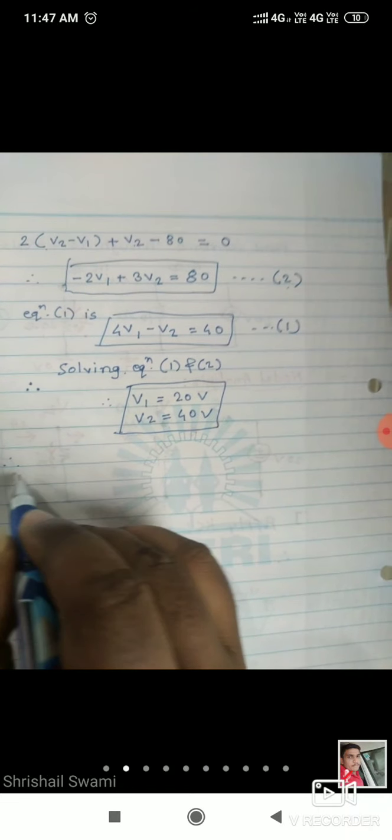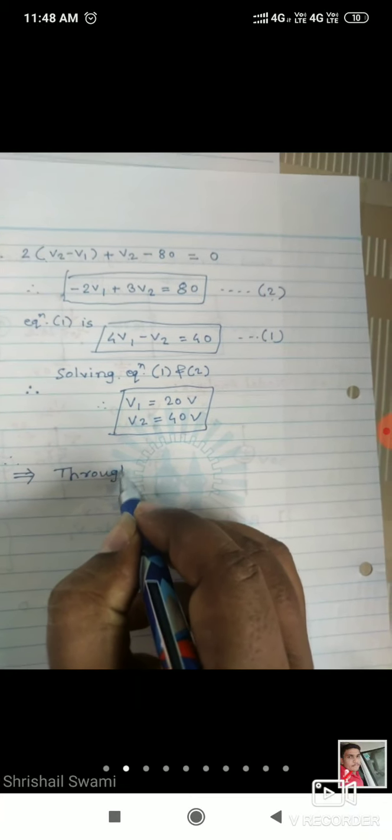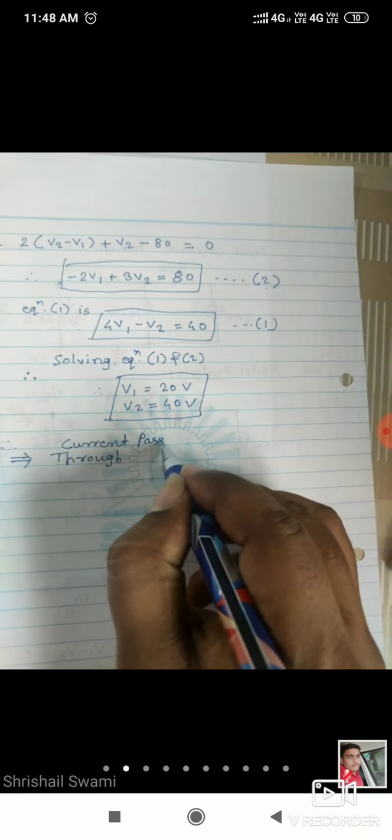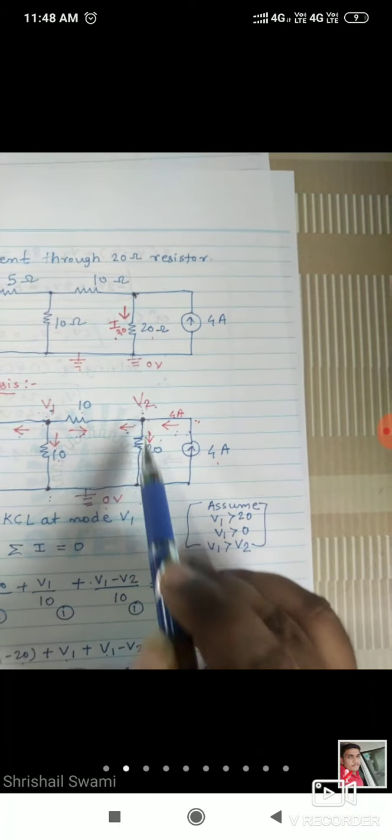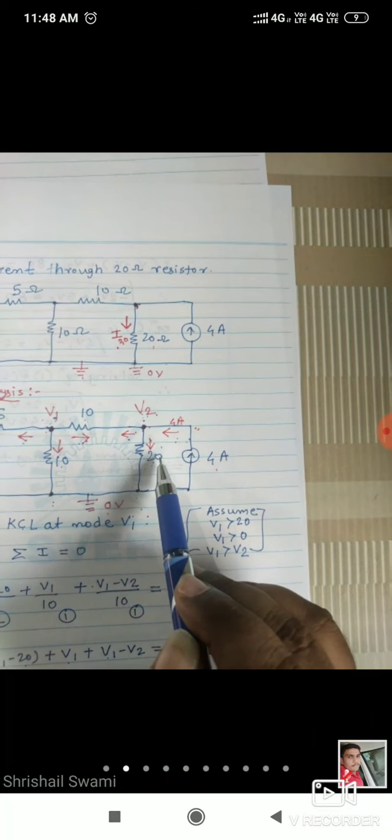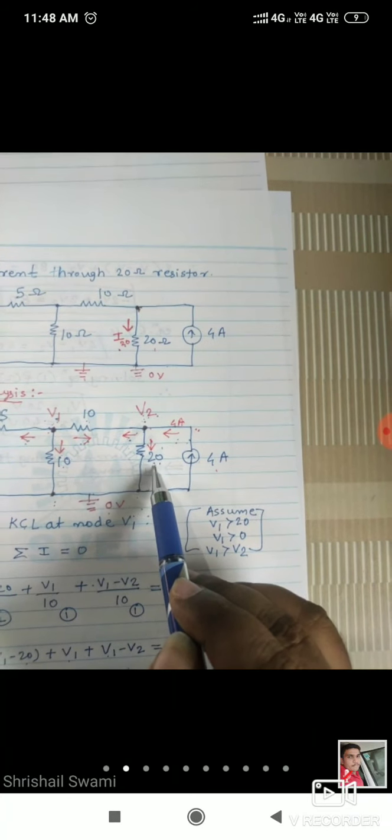Once we have these two values, what is our aim? To find the current passing through the 20 ohm resistor. How can we find it? Once again I will show the diagram. That current we can find if we know the value of V2. V2 minus 0 divided by this 20 will give the current passing through this 20.